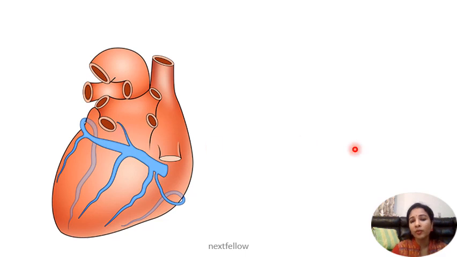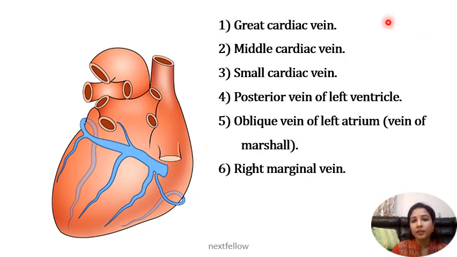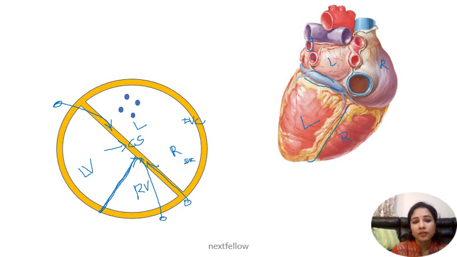Here is the great cardiac vein, and this is the middle cardiac vein. This is the small cardiac vein, which is the continuation of the right marginal vein, and the posterior vein of the left ventricle. The oblique vein of the left atrium is otherwise called the vein of Marshall.